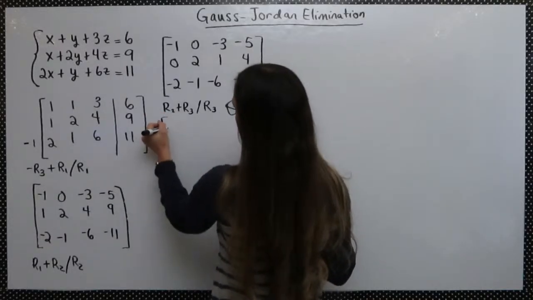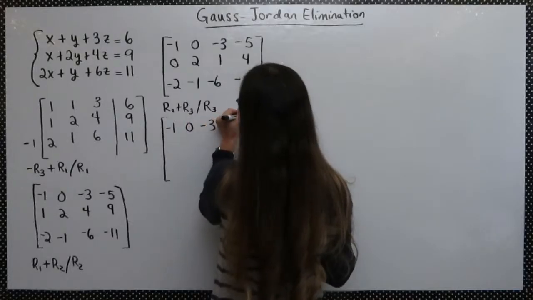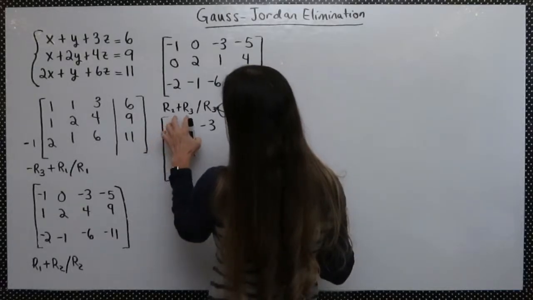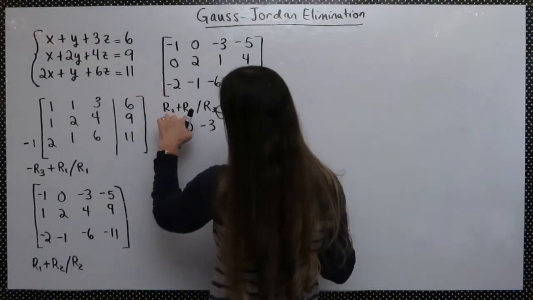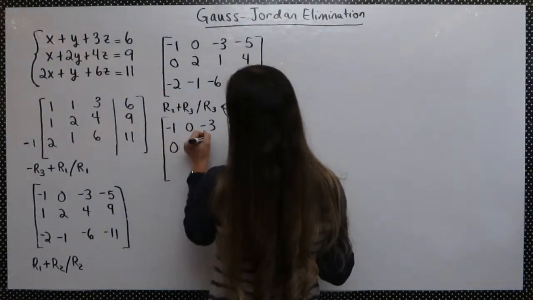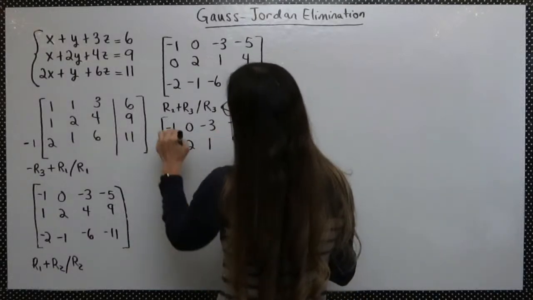So I've got negative 1, 0, negative 3, negative 5. And we're adding row 2 in here: 0, 2, 1, 4.